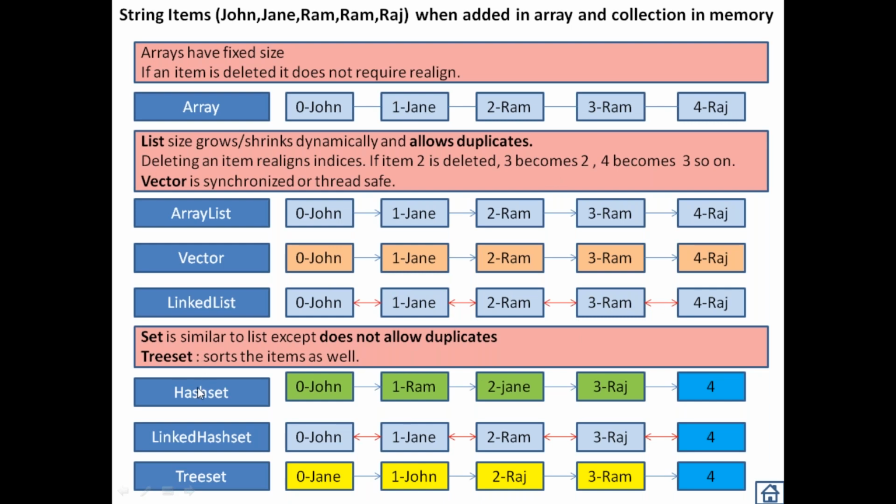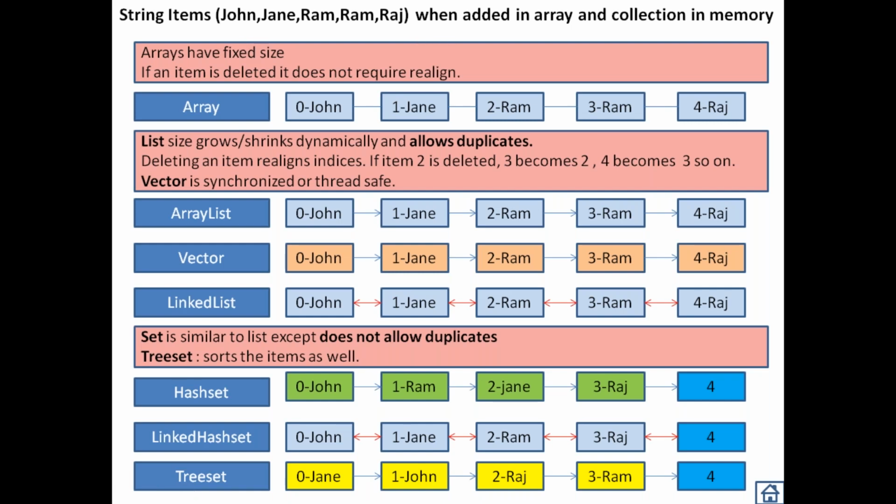Coming to hash set, you have duplicates here. Ram. In any of the set, do you see any duplicates? No duplicates. Hash set, is it in the same order that you inserted? No. Linked hash set, is it in the same order?